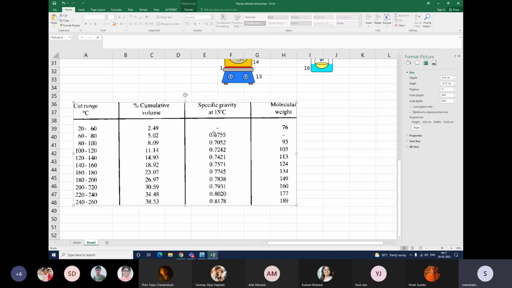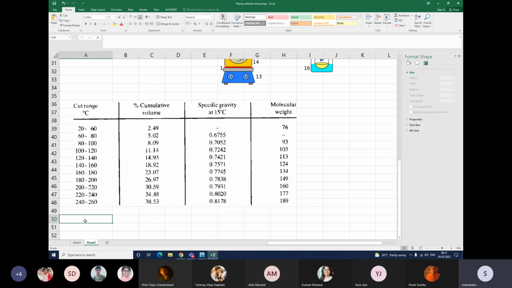Now for each sample, they also measure the specific gravity and the molecular weight. What we understand from this is a pseudo component having a cut range, let's say 120 to 140. Let's say we know the gasoline cut range.